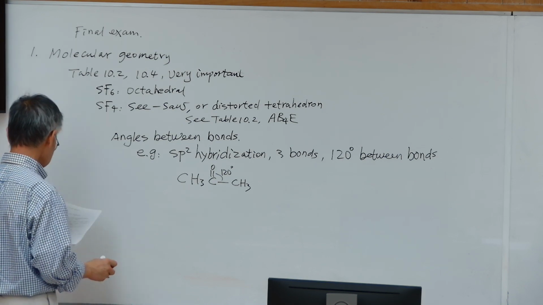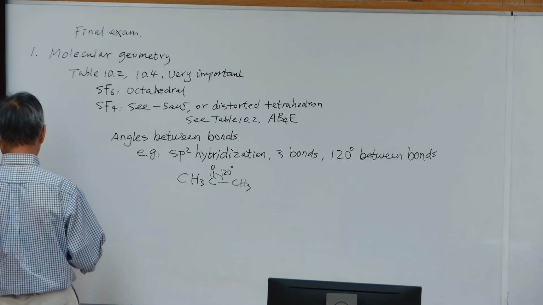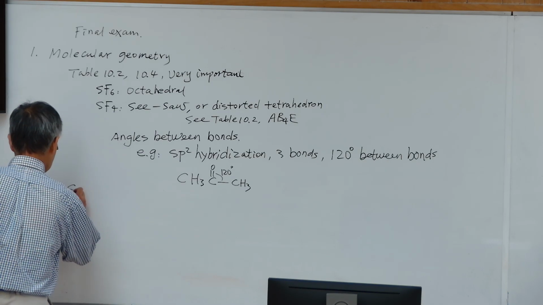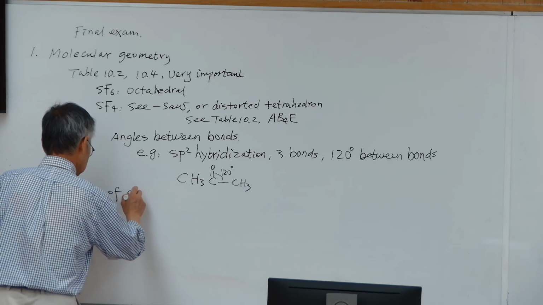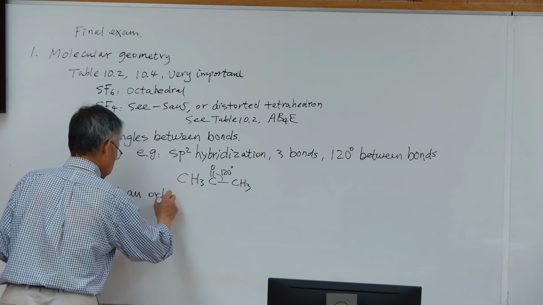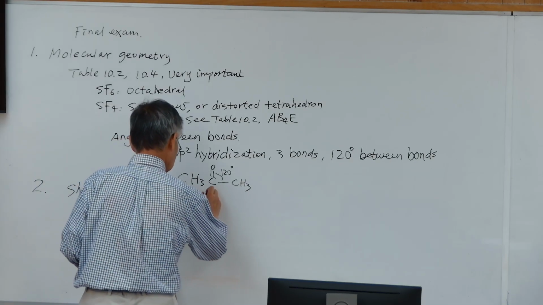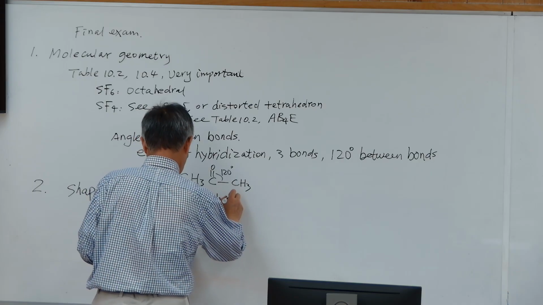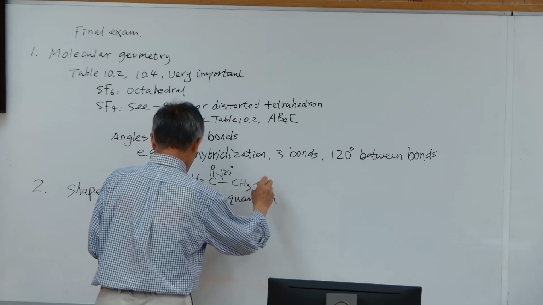Number 2 I can think about is the shape of an orbital, with a set of quantum numbers.